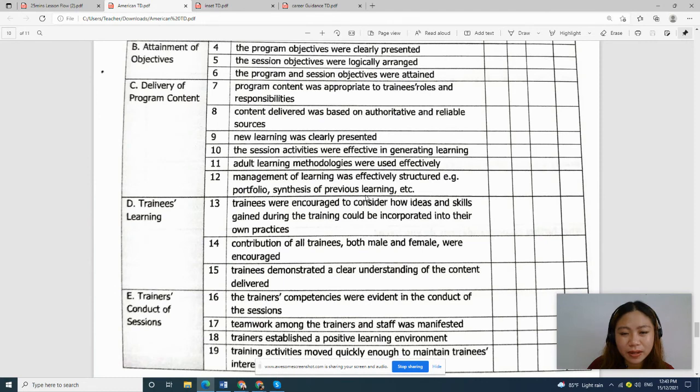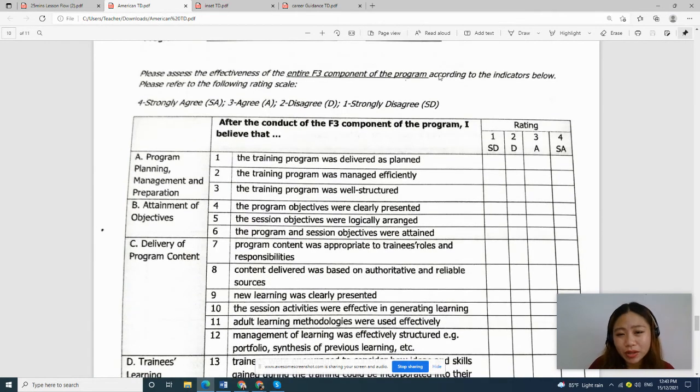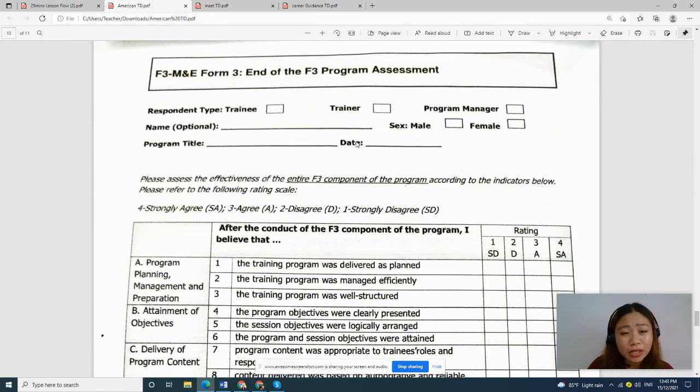You don't have to worry about this one because there are soft copies that you could ask from anybody in your school who is tasked to make training designs. I know they have this copy. Every time you make your training design, you have to ask for this Form 3, print it, attach at least one copy in your training design, and submit it to the division office.